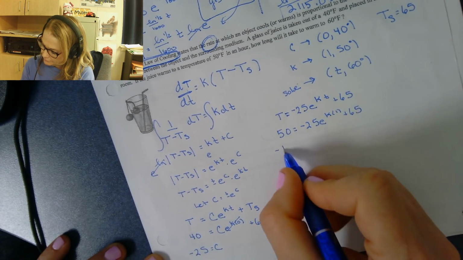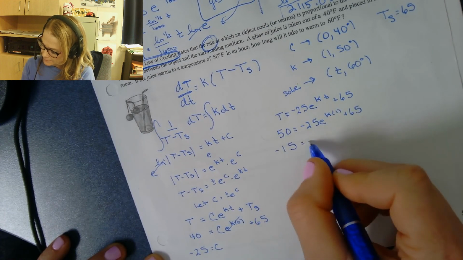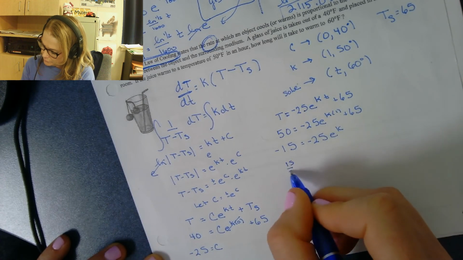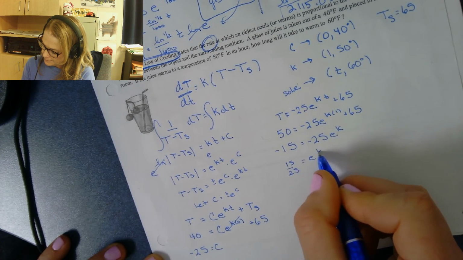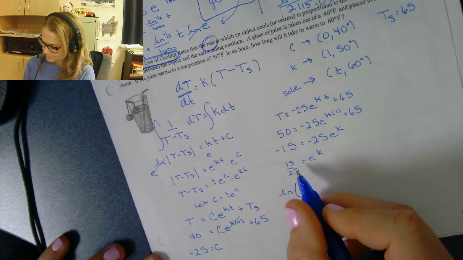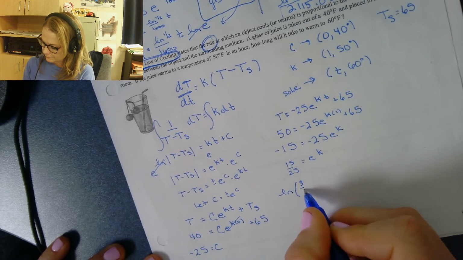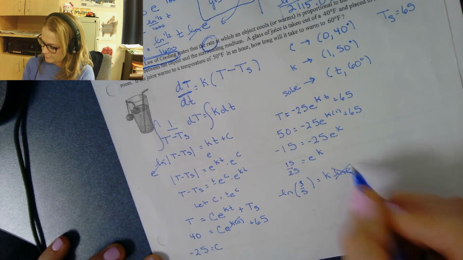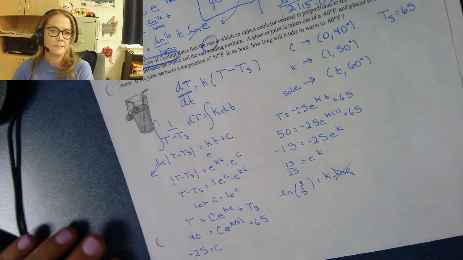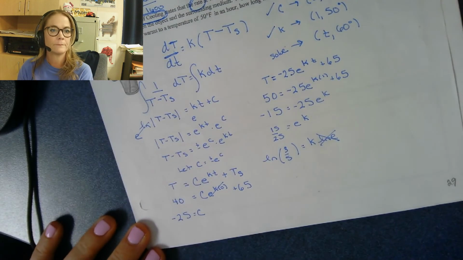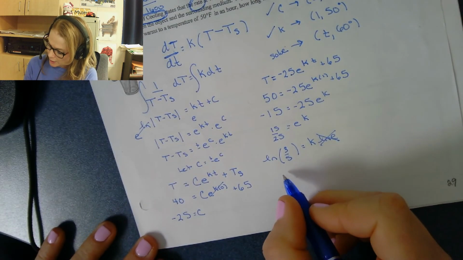So negative 15 equals negative 25 e to the k. 15 over 25 equals e to the k. 5 goes into there, 3/5. So k equals ln of 3/5. Boom, there's your k. Okay, so check, and ready to solve the problem.